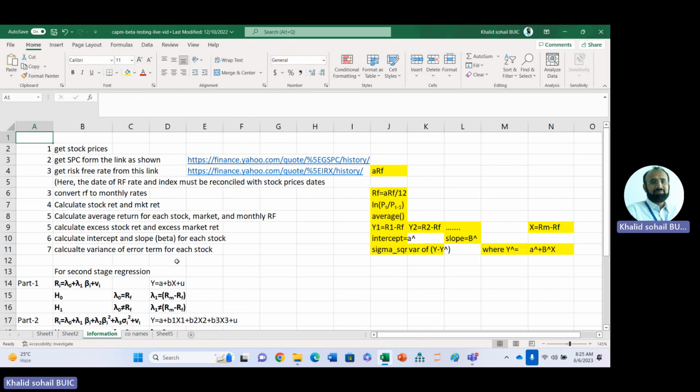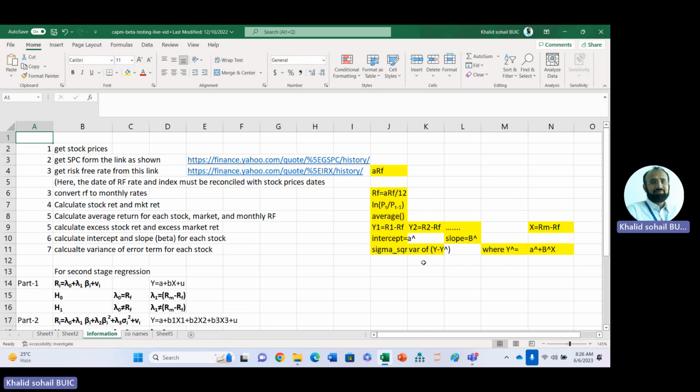In the second stage, we also need the variance of the error term. That's why we calculate the error term with the help of u hat equals y minus y hat, where y hat is basically alpha hat plus beta hat times the market return. It is the error term of the regression model that we require in our second stage regression model.